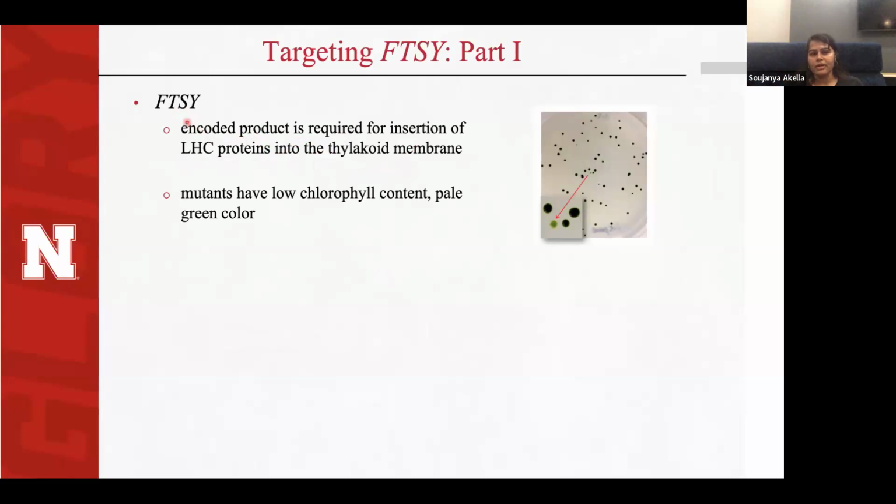So when this gene is disrupted, this whole process does not take place properly, which means you end up with a pale green phenotype. That was the reason that we chose that gene, because they'll have low chlorophyll content. You'll end up with a pale green cell, and it's easy to identify once you do your transformation. So for selection, that was our gene of interest.